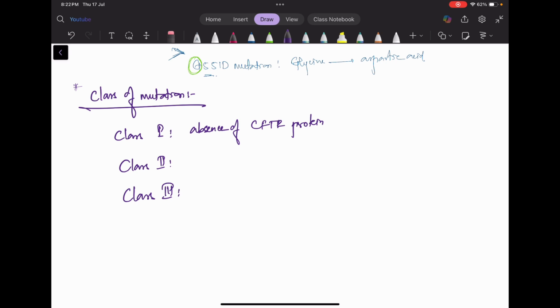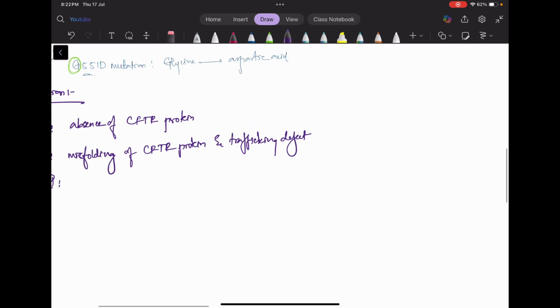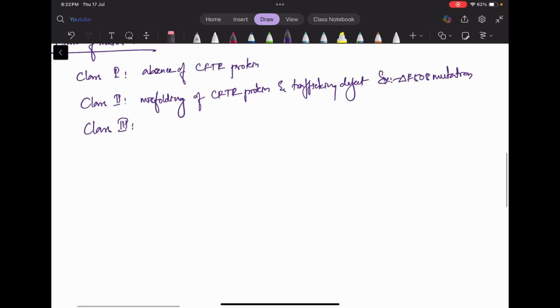You can fill the paper if you know the content, right? In the second class, misfolding happens, and there will be a trafficking defect. The most common gene defect is the F508 mutation. This is one example; there are many mutations happening in cystic fibrosis, but this is the most common.